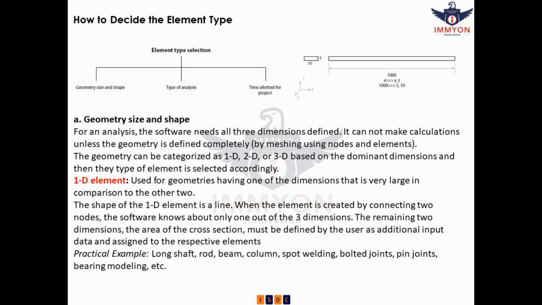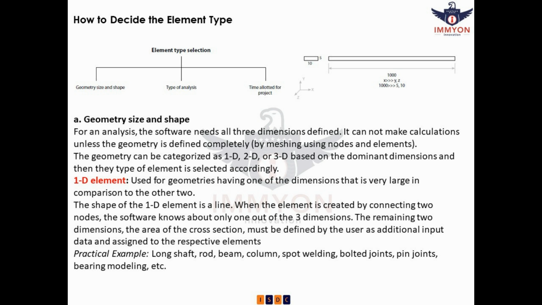The geometry can be categorized as 1D, 2D, or 3D based on the dominant dimensions, and then the type of element is selected accordingly. 1D element: used for geometries having one of the dimensions that is very large in comparison to the other 2. The shape of the 1D element is a line.